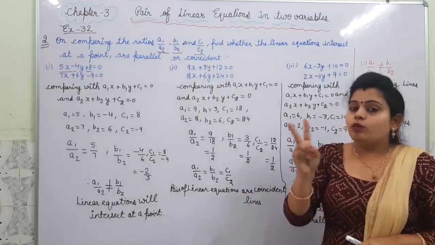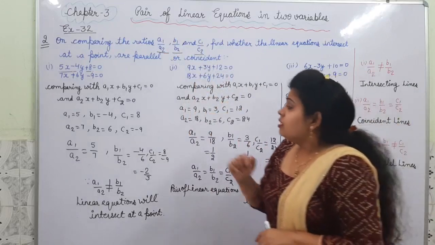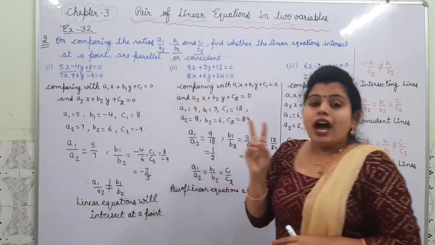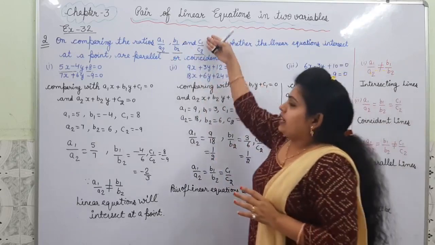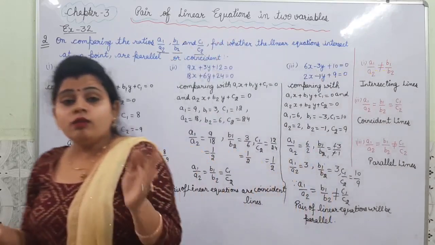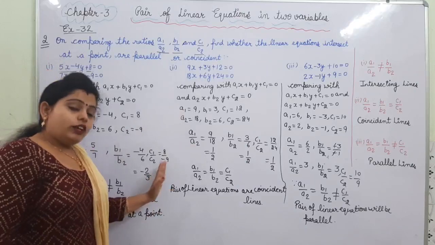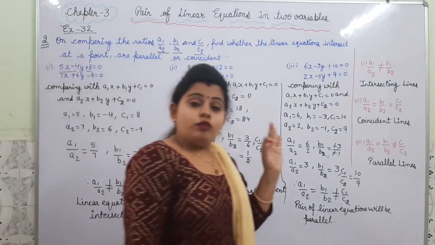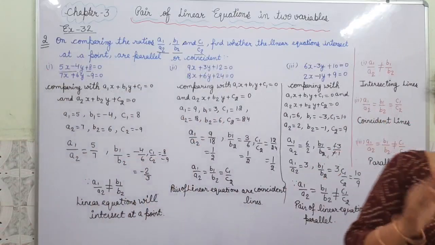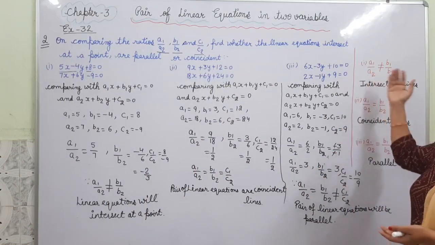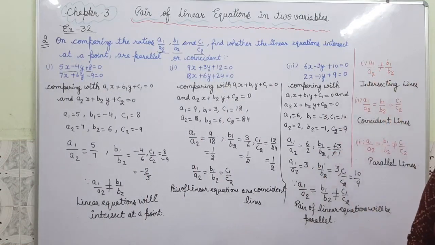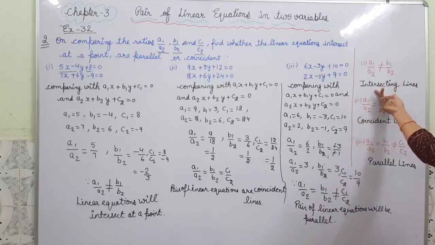a1 by a2 are the coefficients of x in both the equations, and b1 by b2 are the coefficients of y in both the equations. c1 and c2 are the constant terms in both the equations. So what we are doing, we are finding these ratios, and on comparing we are getting three results. If a1 by a2 is not equal to b1 by b2, then we are getting intersecting lines.